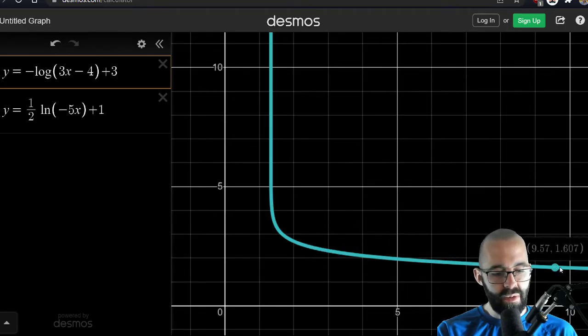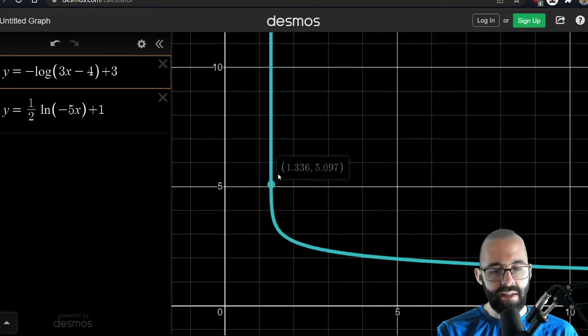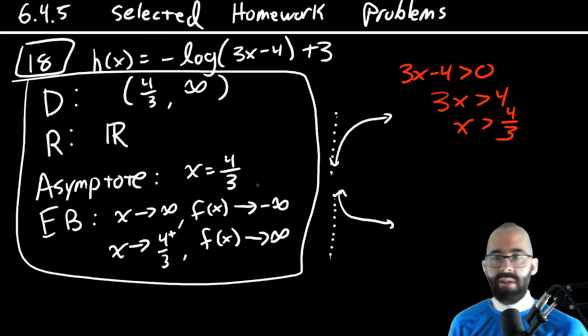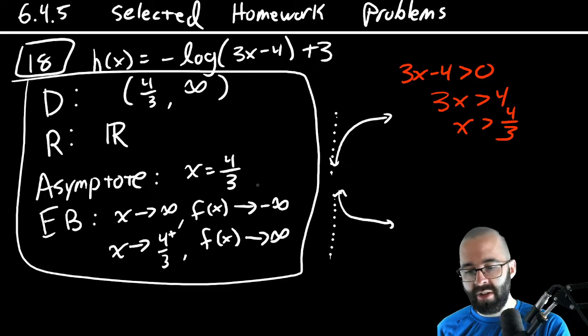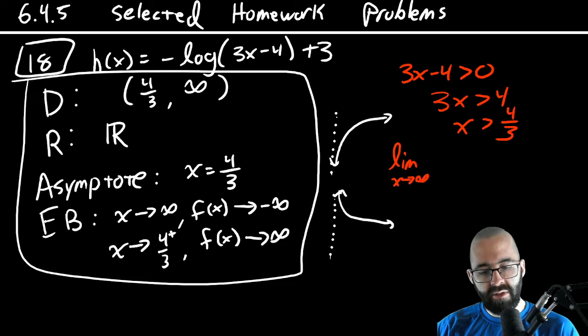The range is all real numbers. As x goes to the right, it goes down as far as we want. As x goes to the left, part of the domain, it shoots off to positive infinity. We're good to go. And again, remember, you can use arrow notation like this, or you could use limit notation. The limit as x goes to positive infinity is negative infinity.